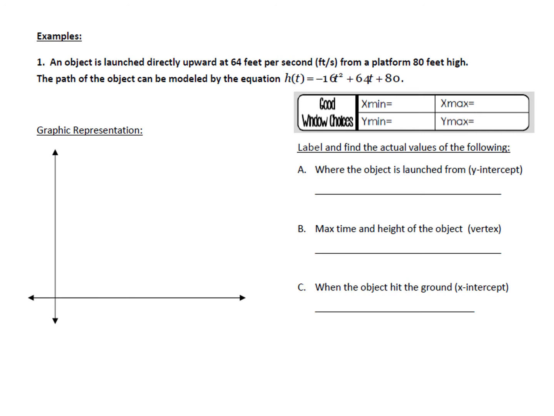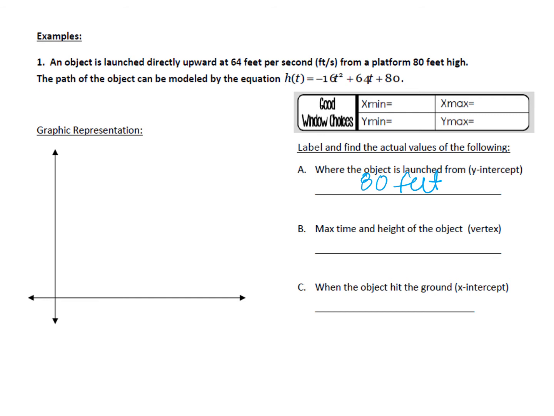Again, we had already answered the first question. It was launched from a height of 80 feet. And then it wants to know the maximum time and the height of the object. Again, that was our vertex. And we looked and saw that the time, that would be the x coordinate.